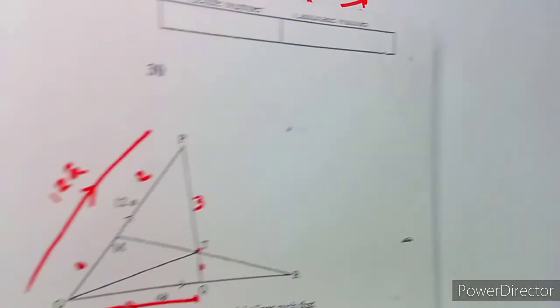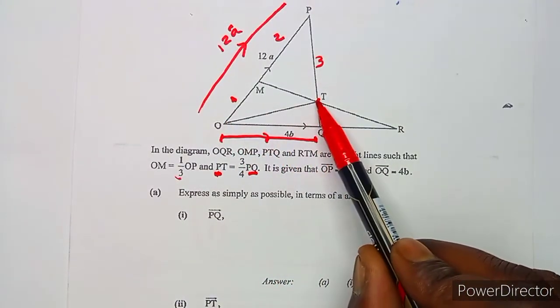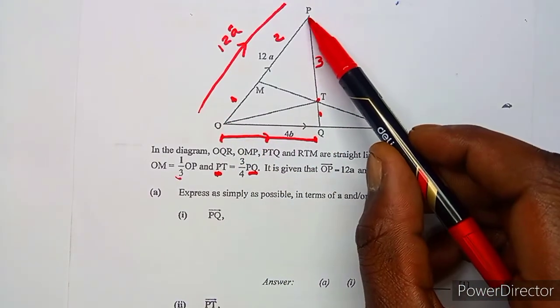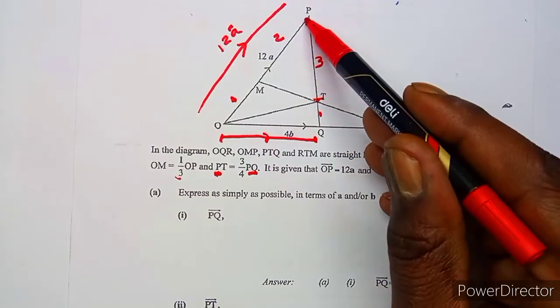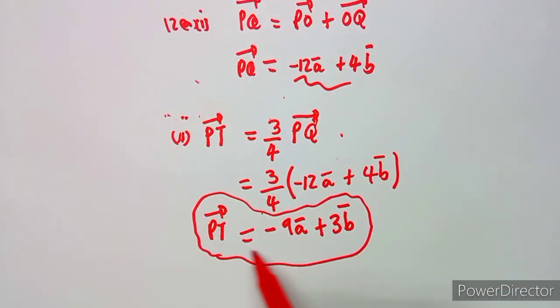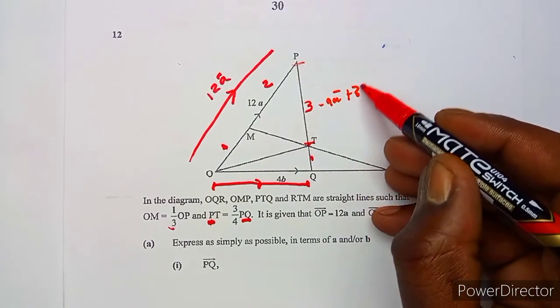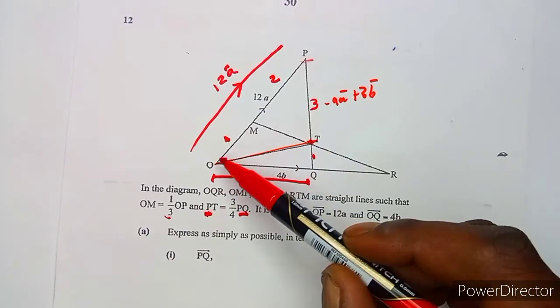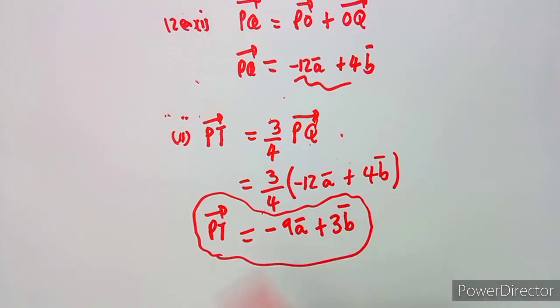So first let us locate our O to T. This is O to T. Remember, I now have this PT here, because I've calculated PT, and we got minus 9a plus 3b. This is our P to T. So OT, we can simply use OP plus PT. So that's our OT.